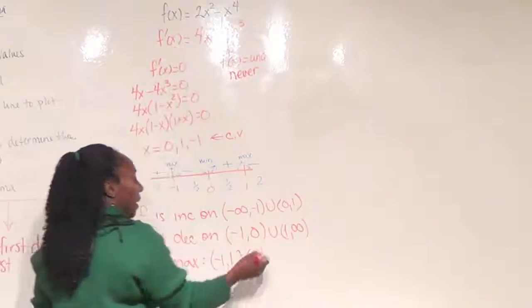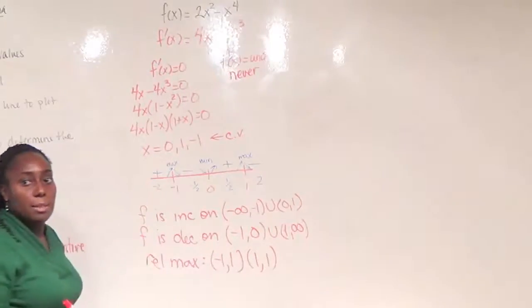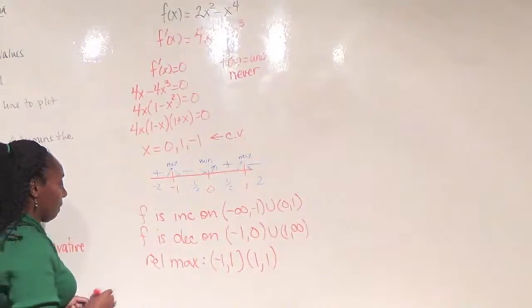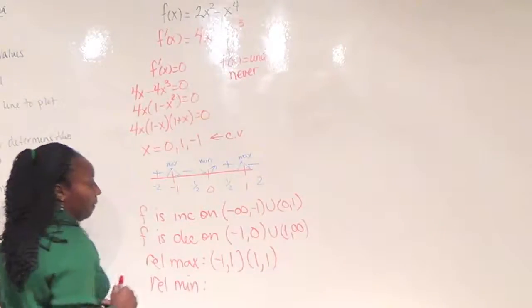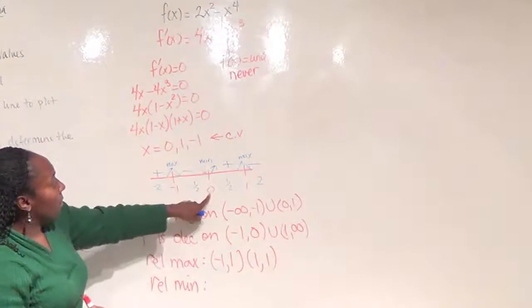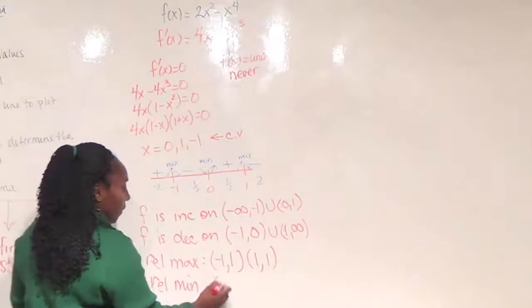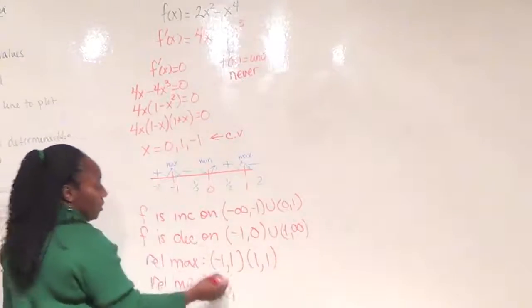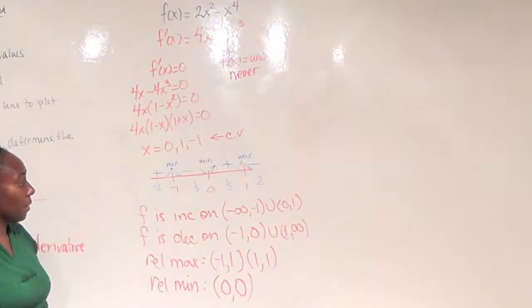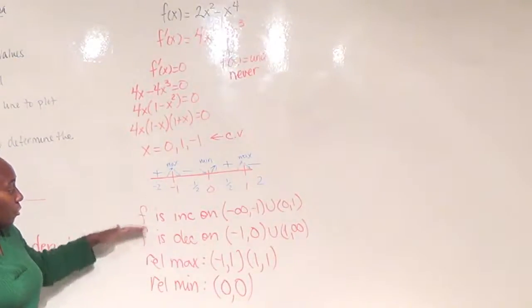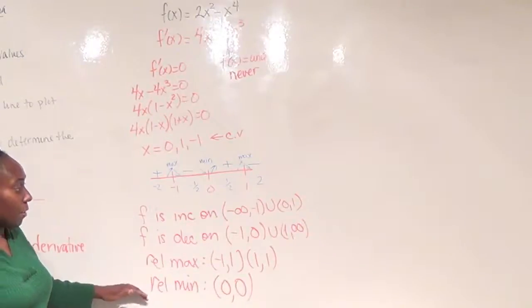Same thing, if I plug back into the original, you can see I get a value of 1. For the relative min, we had it at 0. Plugging back into the original, we can see that the y value is 0. Okay. So there's our slope and our extreme values.